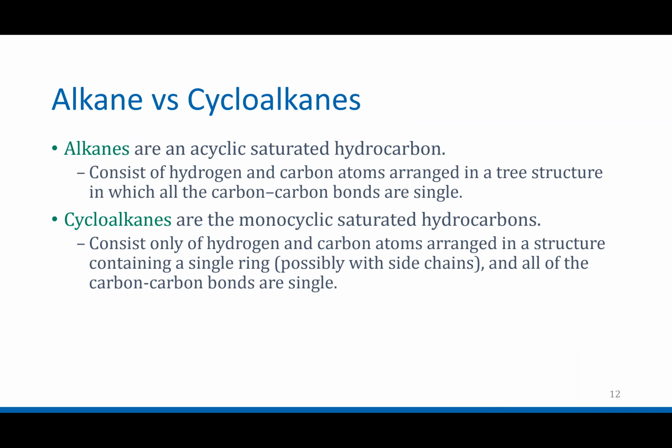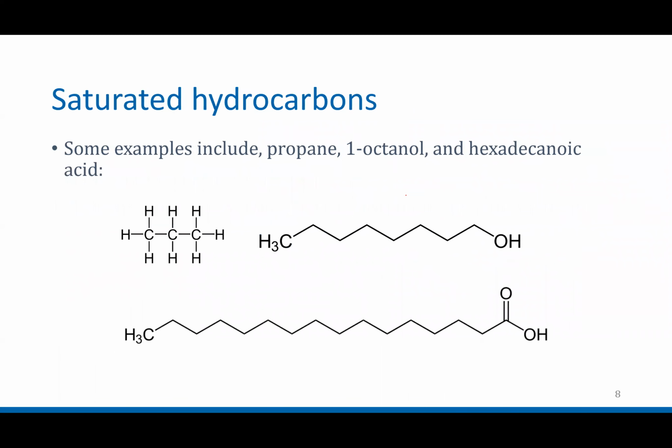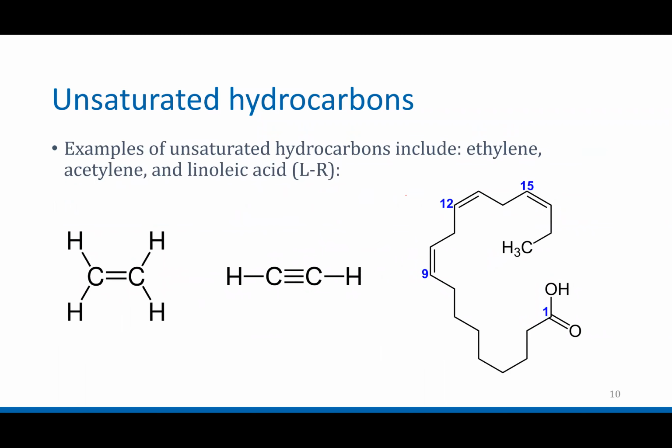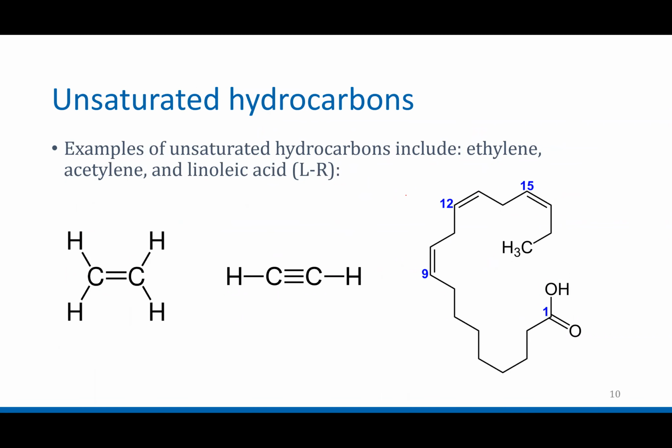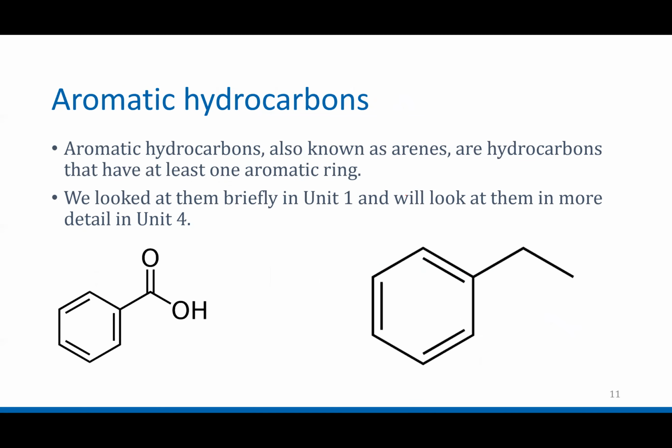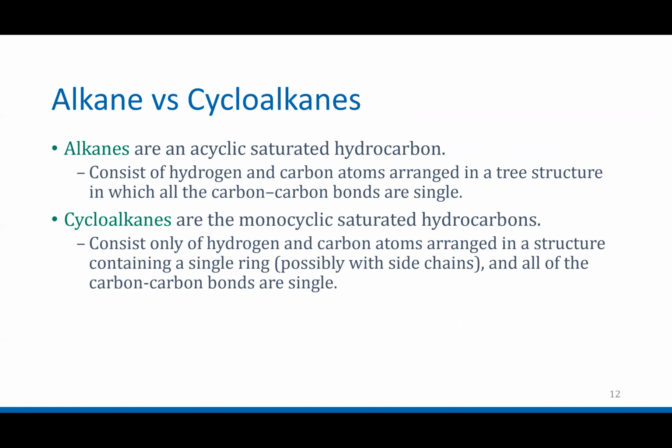Chapter 2, we are dealing with saturated hydrocarbons. So we're going to forget about unsaturated and aromatic for right now. We'll come back to these 2 in chapters 3 and 4. Really what we're going to look at in chapter 2 is alkanes or cycloalkanes.